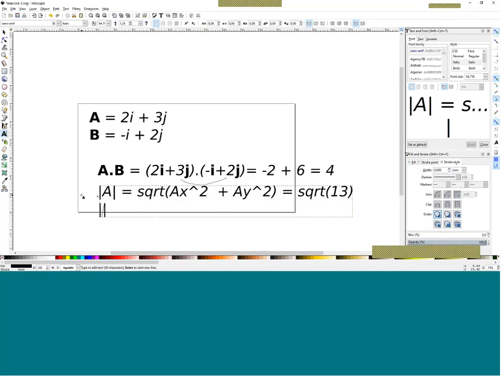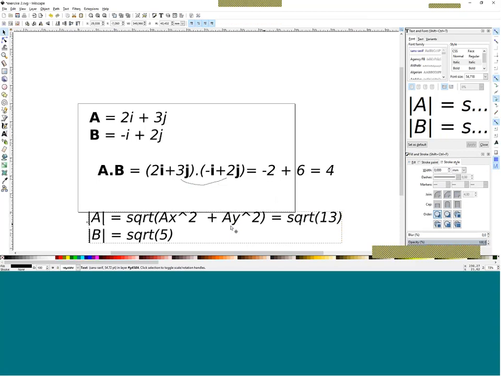Wonderful. So the same procedure we're going to do for B, but I don't want to repeat all of it. So we get square root of 5.